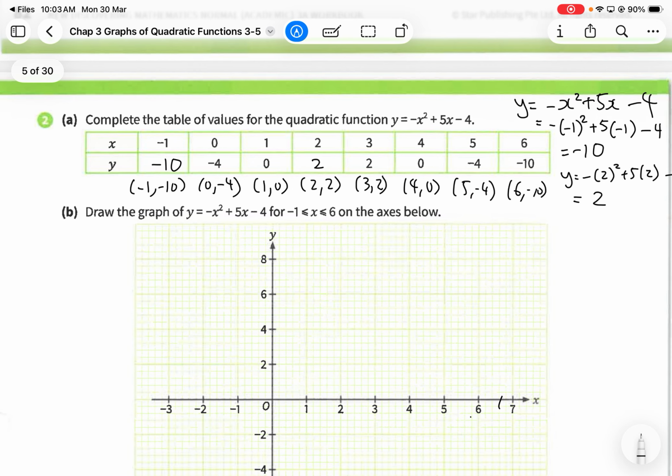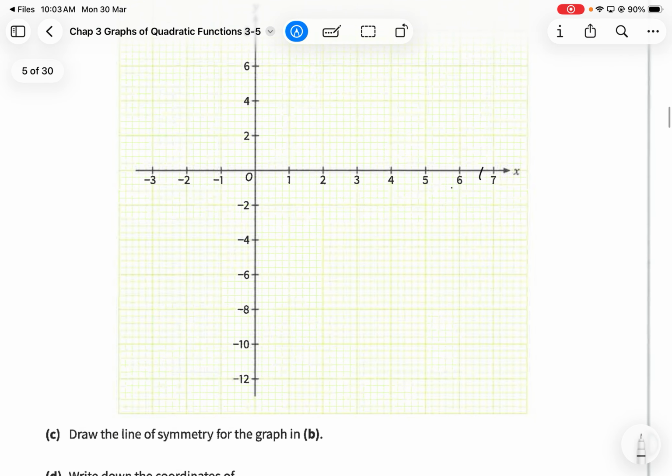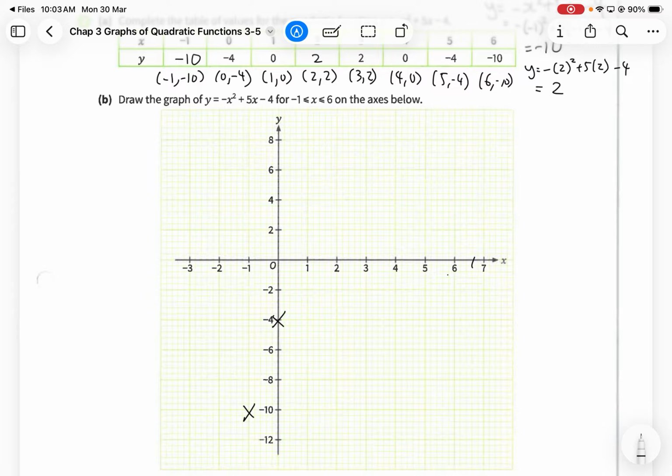Go and find the points. -1, -10. 0, -4. 2, 2. 3 also 2. 4, 0. 5, -4. 6, -10.